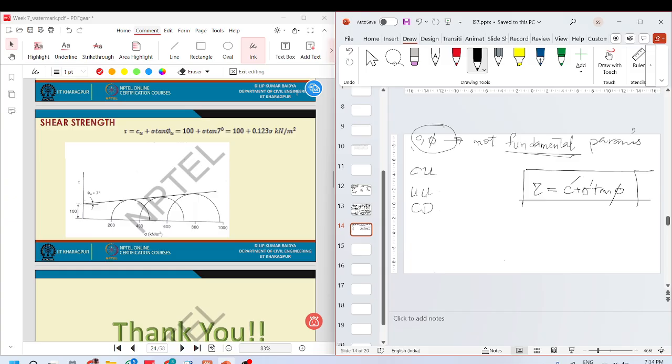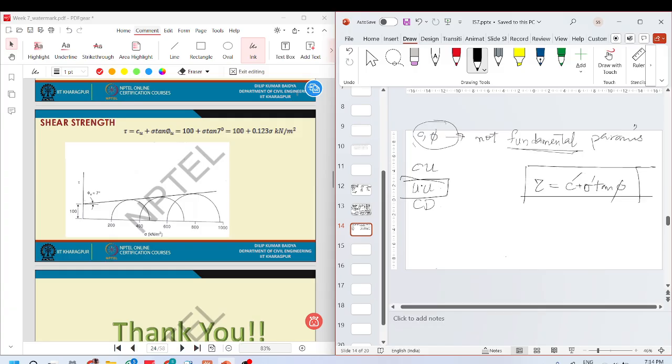when you are doing your UU test, see in CU test you have consolidated the specimen. That means that you have allowed the drainage. Okay, so the CD test will give you effective parameters.